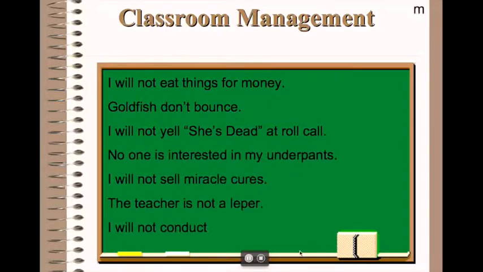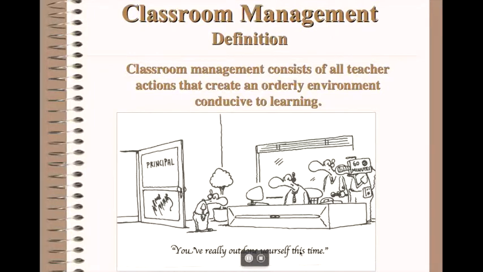Anyway, we've seen kids do a number of different things. But so what do we do to create an orderly environment that's conducive to learning with kids being able to be kids? How do we balance that act?